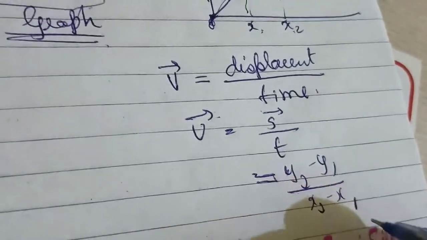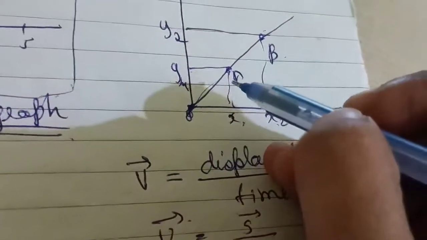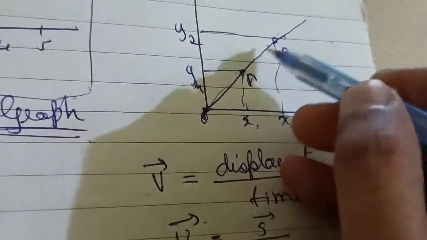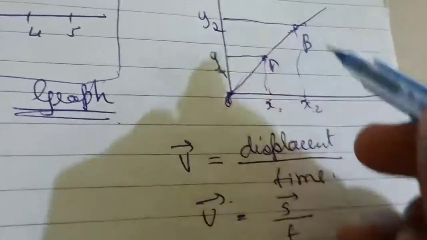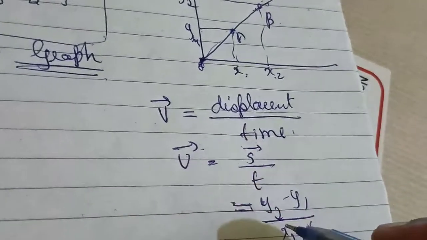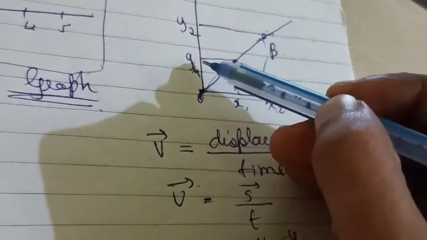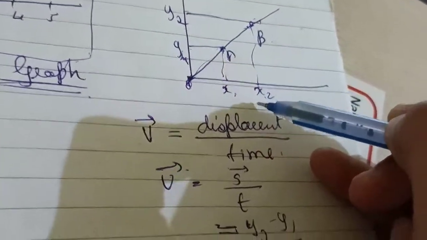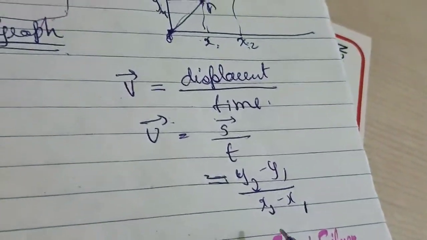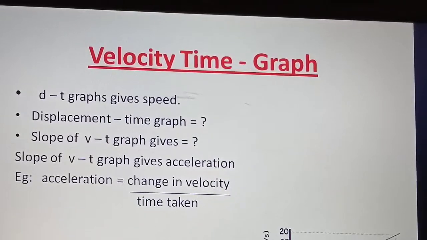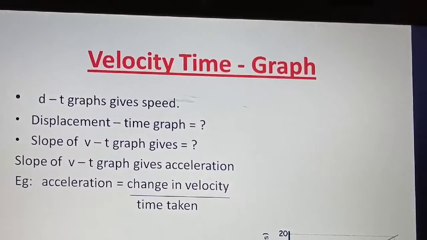That is to find out from A to B. If you want to find out the velocity from A to B, you have to find displacement upon time, that is y2 minus y1 and time is x2 minus x1. So the displacement time graph will give you the velocity.